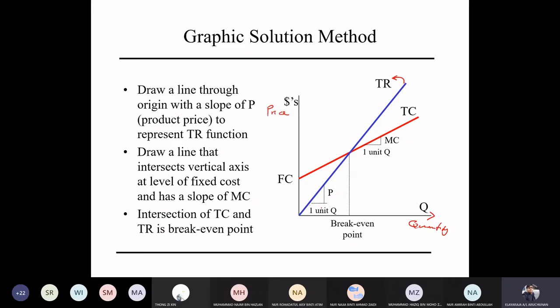Next, draw a line that intersects the vertical axis at the level of fixed cost, and it has a slope of MC, the marginal cost. If you can see, this is the fixed cost. You determine the fixed cost starting from zero product, so when the product is not sold, you still determine how much the cost is. So this will be constant over the period.